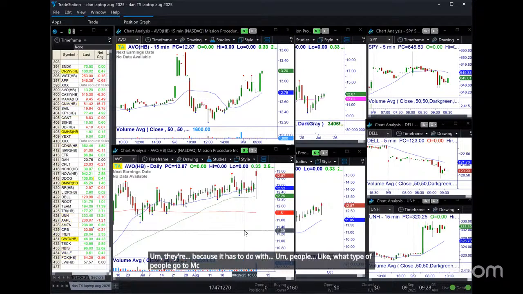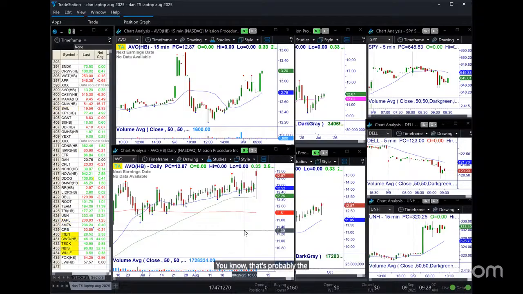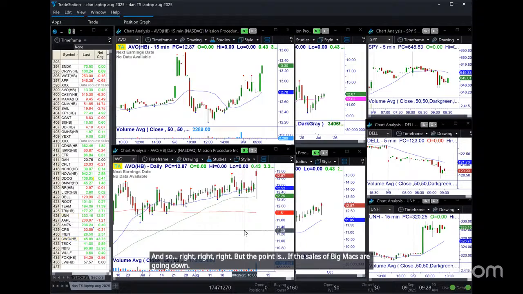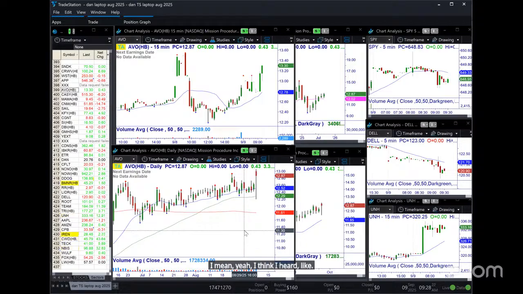Yeah, sure, everybody, but that's probably the ones that can't afford Ruth's Chris Steakhouse. But the point is, if the sales of Big Macs are going down, it means, I think I heard like a combo meal is like $18. Who has $18 to go have lunch? All right, back to earnings here.